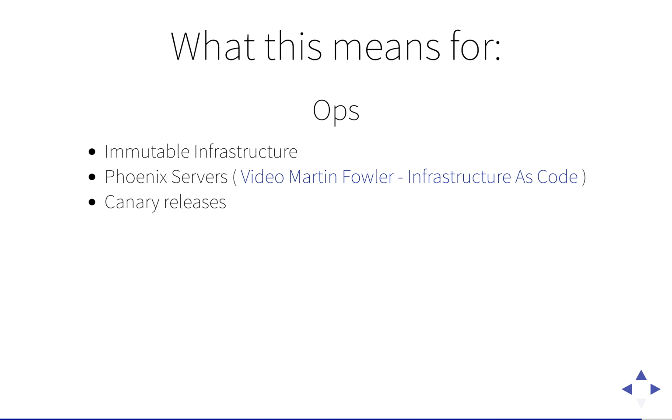Another thing that this enables is canary releases. So, canary in a coal mine: if you have a release that you believe is solid, it's what I mentioned before, where you can roll it out. If for some reason it's not working, you can go back because you do have the previous version. You did not go out and mutate your servers, change some configuration, install some other dependency, and now we don't know how to get back to the previous version.